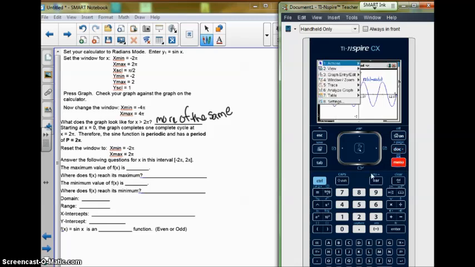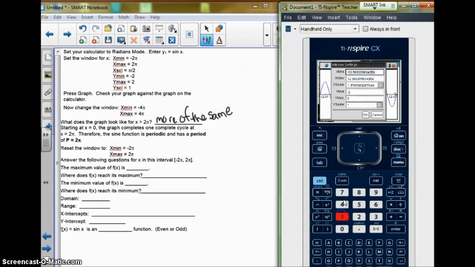Okay, so now we're going to reset our window back. Whoops, hit the wrong button. Menu 4, 1. And change that back to, oops, not 2, negative 2 pi, and 2 pi.